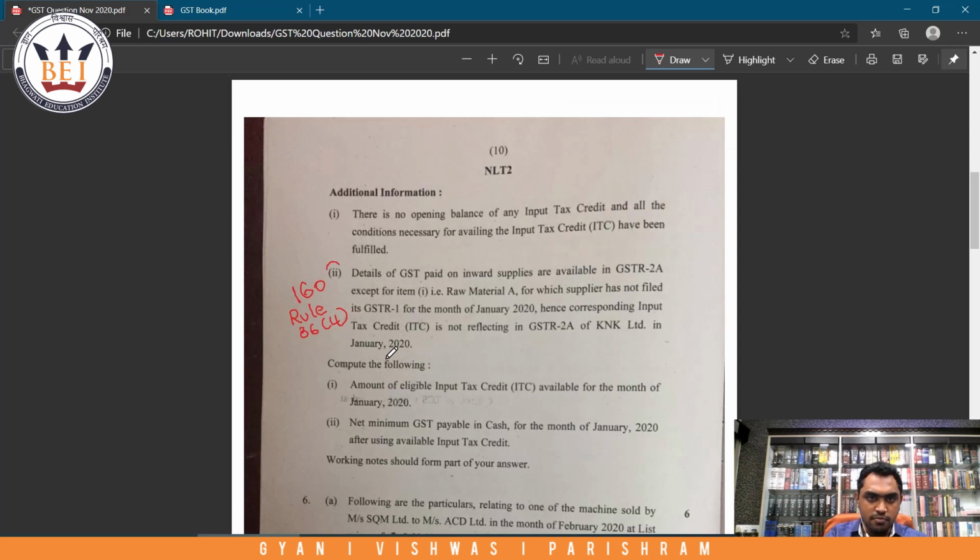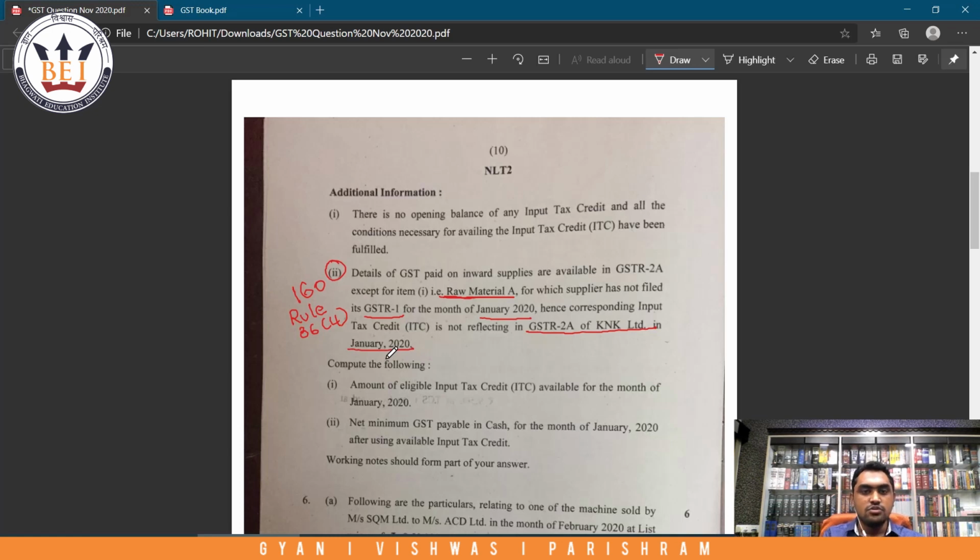What are they saying in point 2? The details of GST paid on inward supplies are available in GSTR 2A except for one item, raw material A, for which the supplier has not filed its GSTR 1 for the month of Jan 2020. Hence, the corresponding input tax credit is not reflecting in 2A of K&K Limited for the month of January.